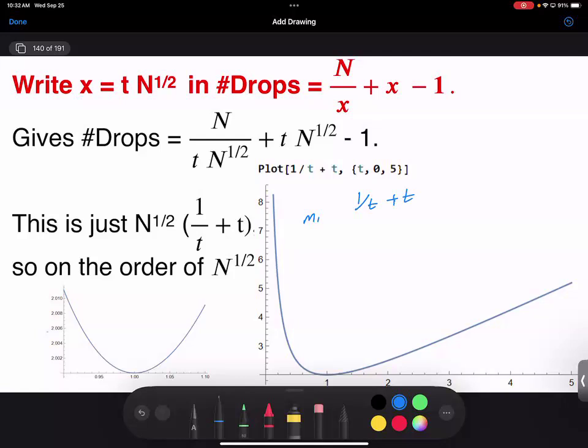We want to minimize this, right? I was about to draw a hint. Can you get it without the hint? Is it connected to the thing we did with minimizing the fences? Somewhat.